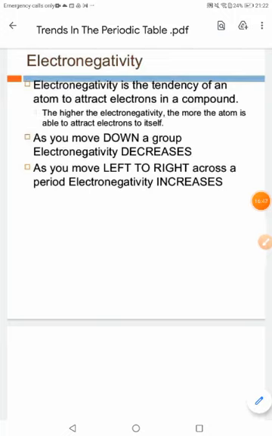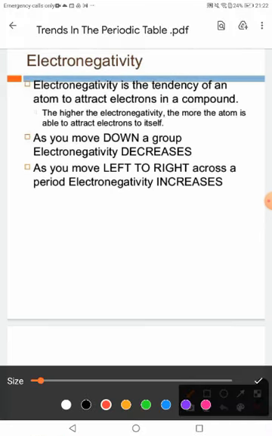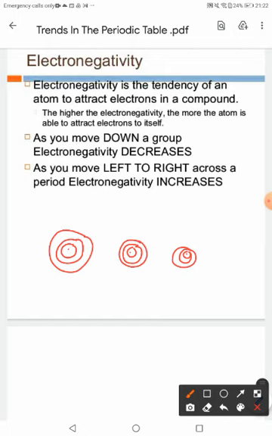But as we move left to right in a row, the number of shells will remain the same. Suppose we are talking about the third shell, the number of shells will be 3, but size keeps on decreasing due to increased number of protons and electrons. The size is decreasing.